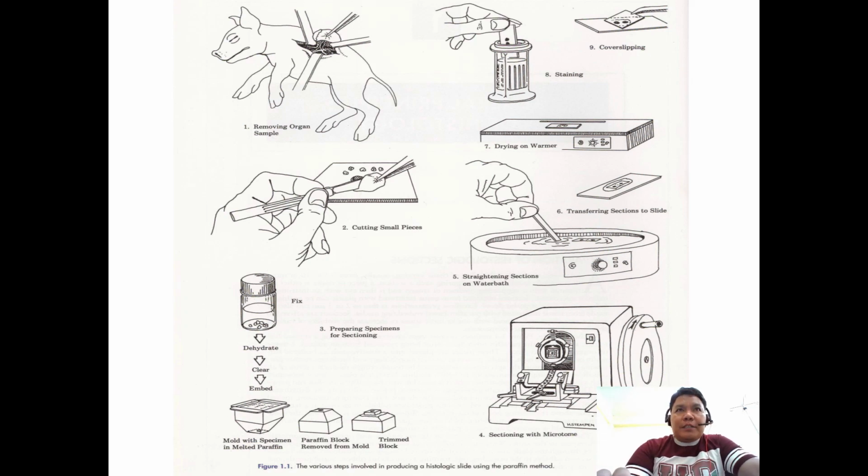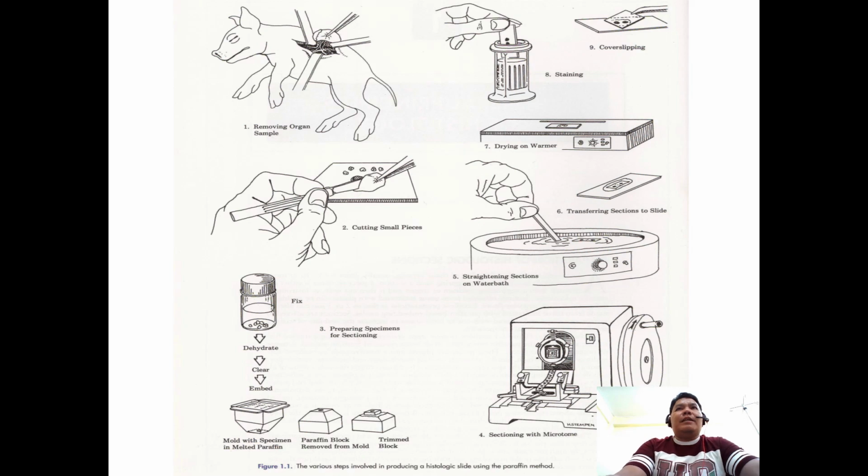Subsequently, one or more sections are carefully separated from the ribbon, and you transfer them to the surface of warm water in a water bath. The purpose here is to soften the paraffin and flatten the section, for a good orientation of the section, and, most important, to eliminate the wrinkles of that section.